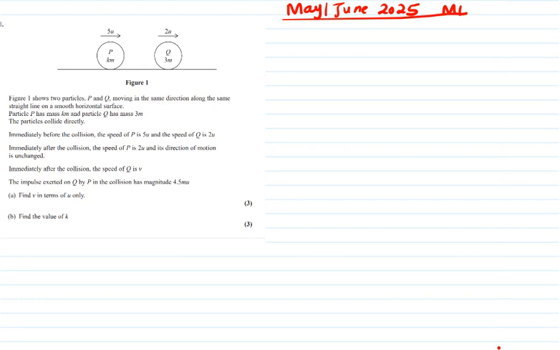I think this statement is very important. Immediately after the collision, the speed of Q is v, so we can say vQ equals v, and the final velocity of P is 2u.